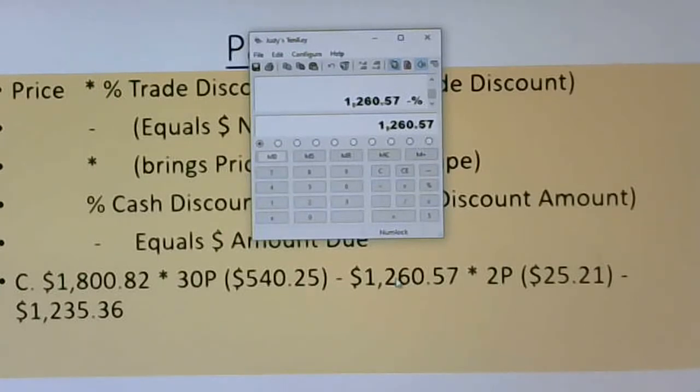That's what you owe. But now you decide, I'm going to take the cash discount also, which is 2%. So take the net price, you're doing the same thing, times 2p to get the discount amount, subtract it from the net price to get the new amount due. So you're doing that for page 108. So it's just two problems, working two problems in one.